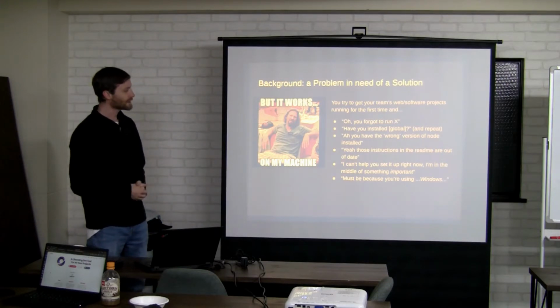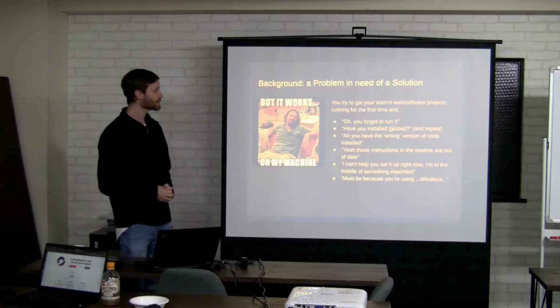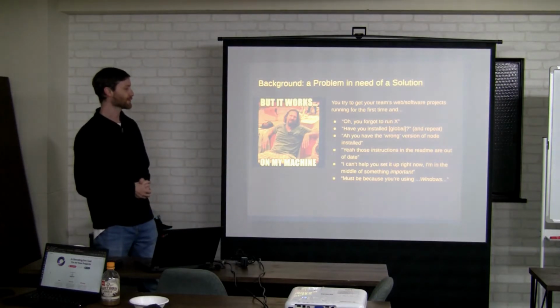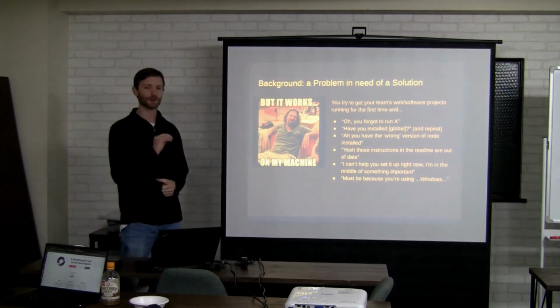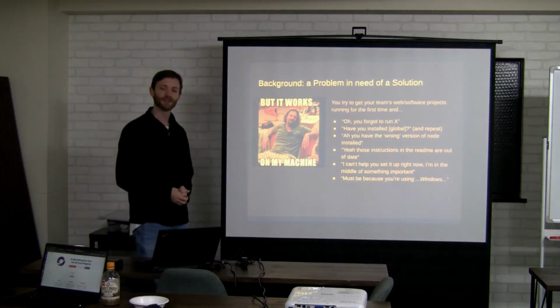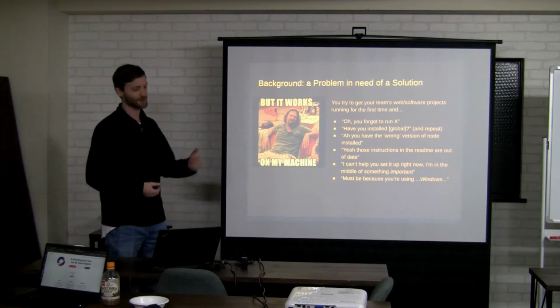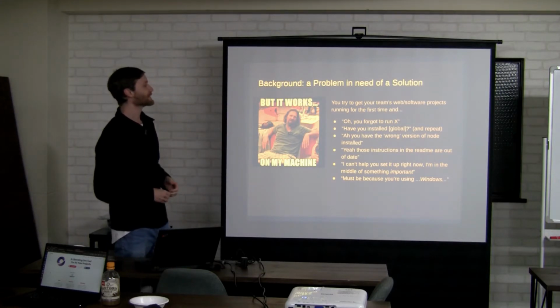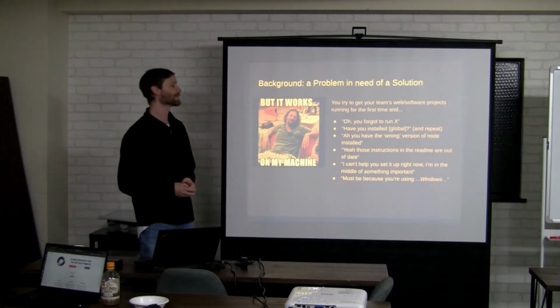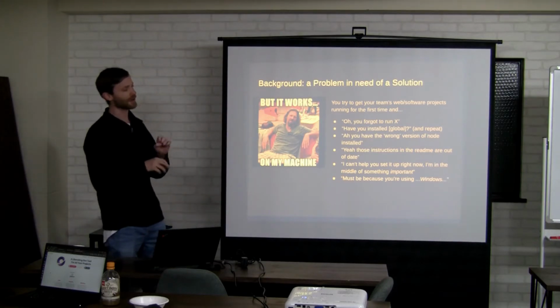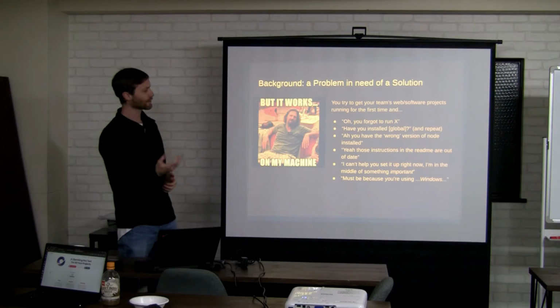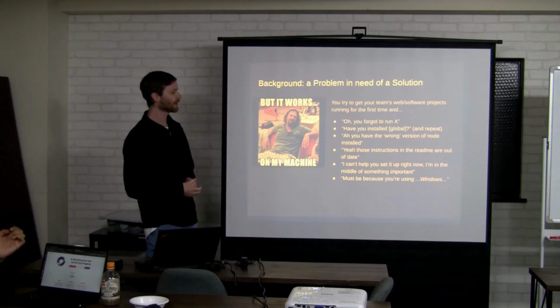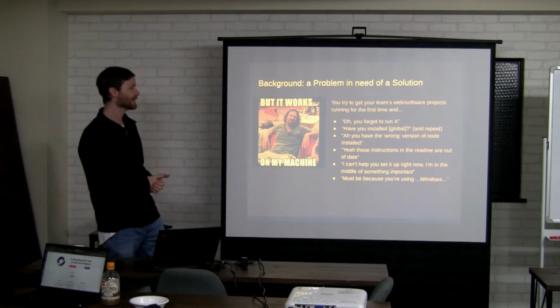So I've heard all these things in my experience. This, of course, is the traditional one. It's got a certain tone to it, right? It's like, not my problem. Well, it works on my machine, so you must be incompetent, right? It's got that vibe to it, even if they don't say that. But I've definitely heard all these things, like, you forgot this thing, this global dependency is missing, no, it's still there, but it's the wrong version.